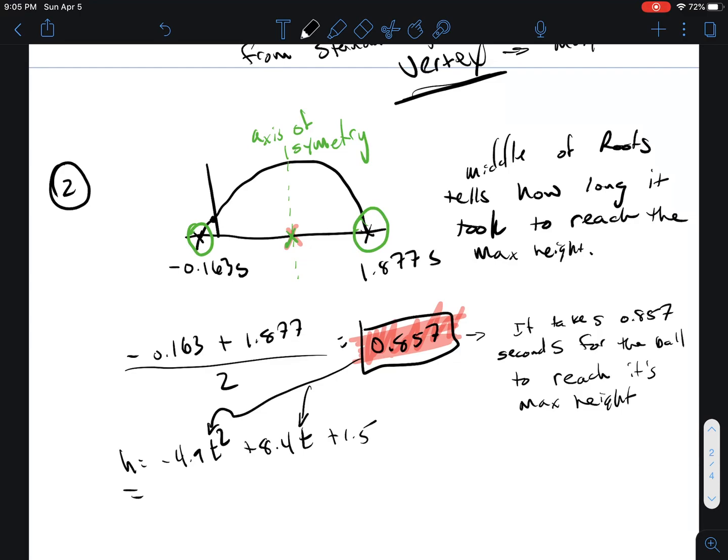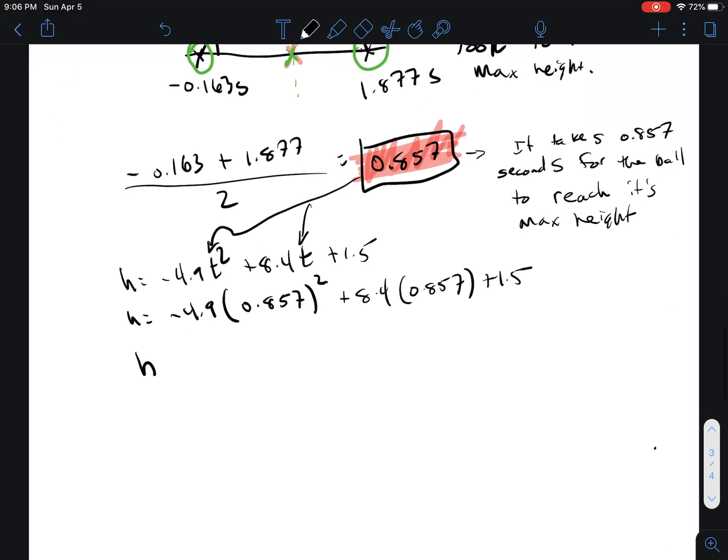So I'm going to do that. So I'm looking for the height. H equals -4.9 multiplied by 0.857 squared plus 8.4 times 0.857 plus 1.5, right? And if I do the math on that, it turns out that H equals 5.10 meters.